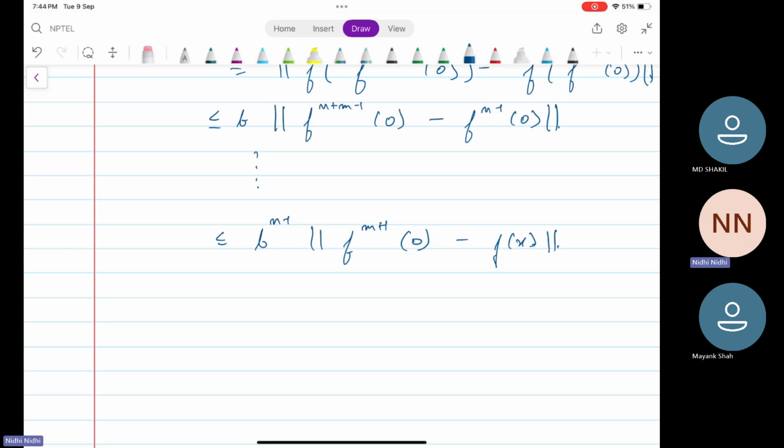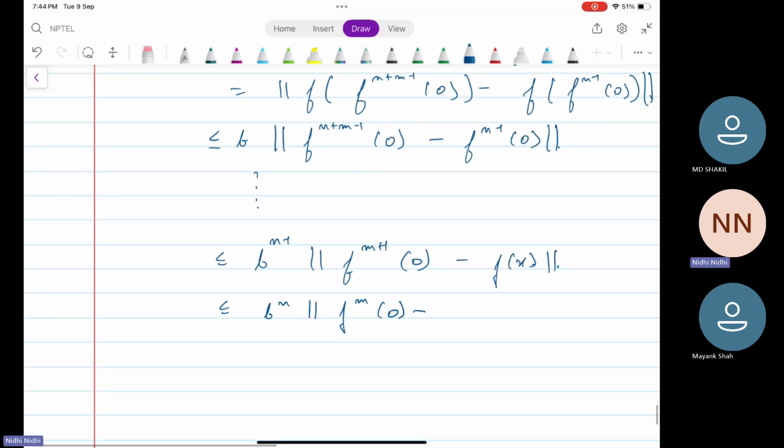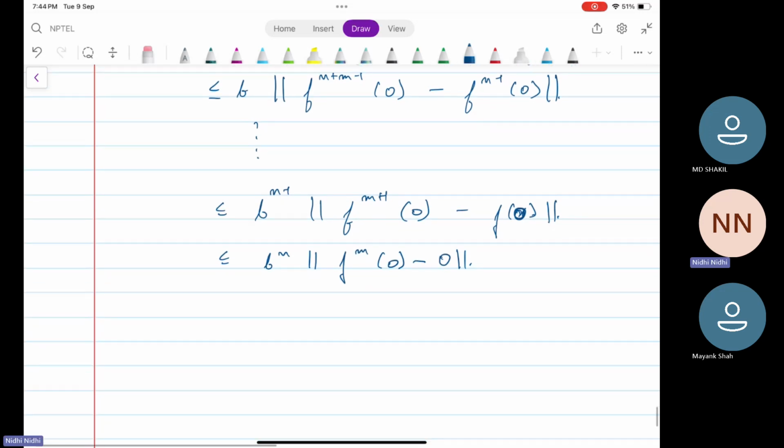Otherwise, everything is the same. So this is less than or equal to b to the power n f m 0 minus, oh, not x, this is 0. And this is b to the n times the norm of y1.